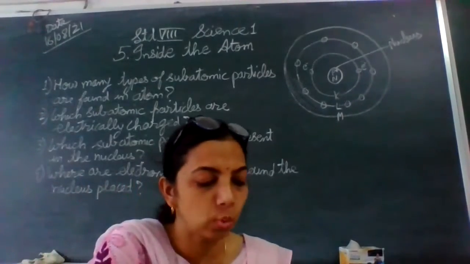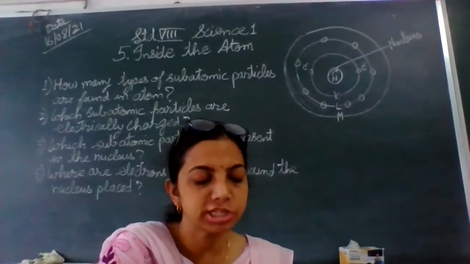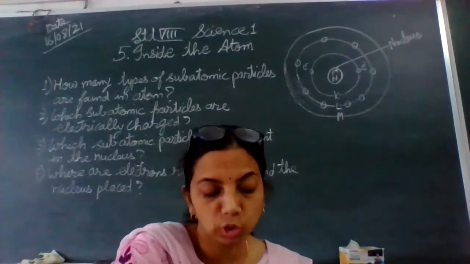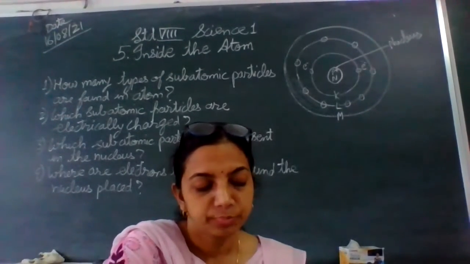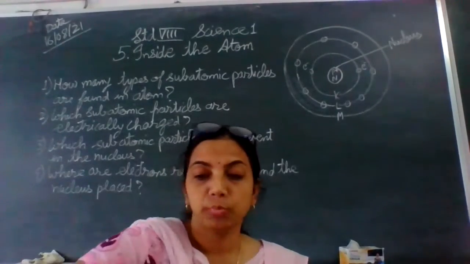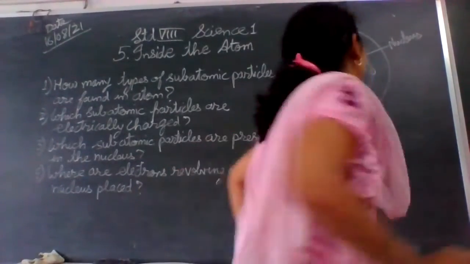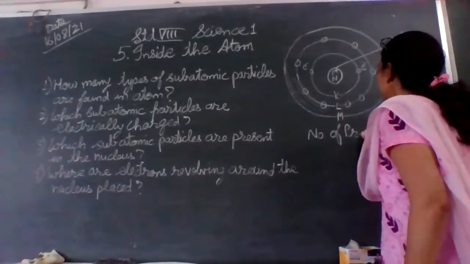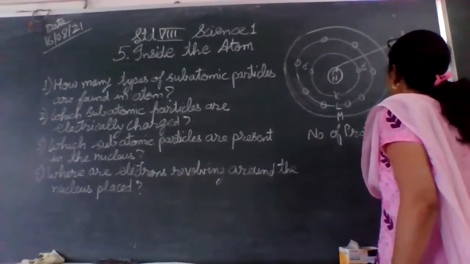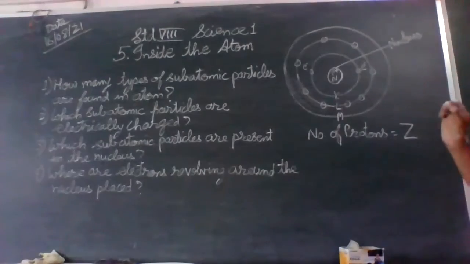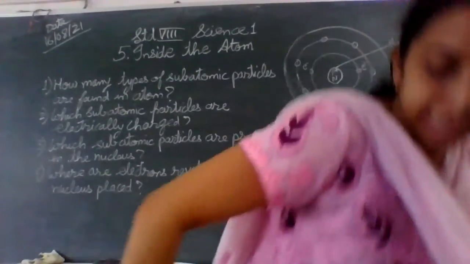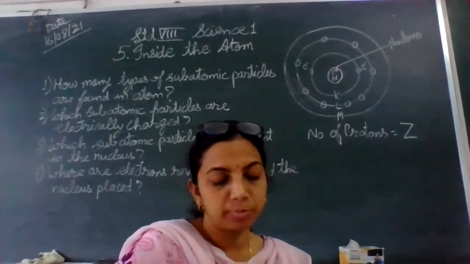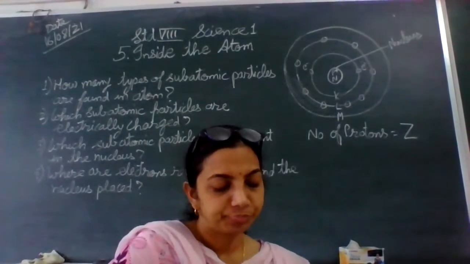They are mostly equal, and the number of electrons in the extra nuclear part is equal to the number of protons mostly, and the number of protons is indicated by capital Z. Therefore, electrical charges are balanced in an atom.